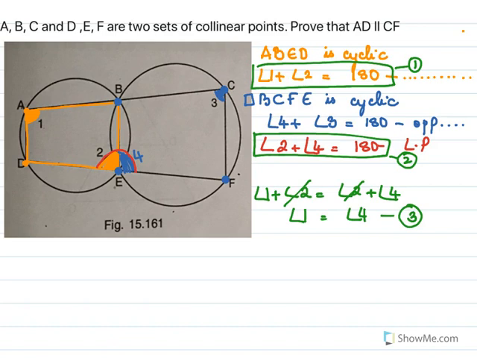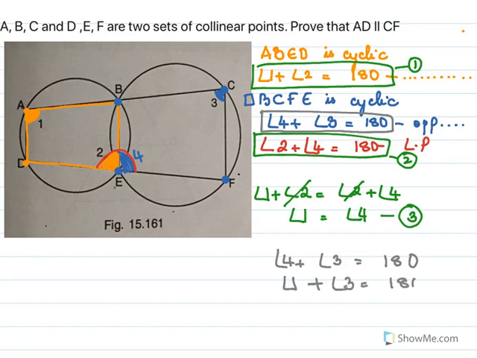Now if you go back to this equation here, we know that angle 4 plus angle 3 was 180. But now we know angle 1 is equal to angle 4. So for angle 4 I am putting angle 1. Angle 1 plus angle 3 equal to 180.